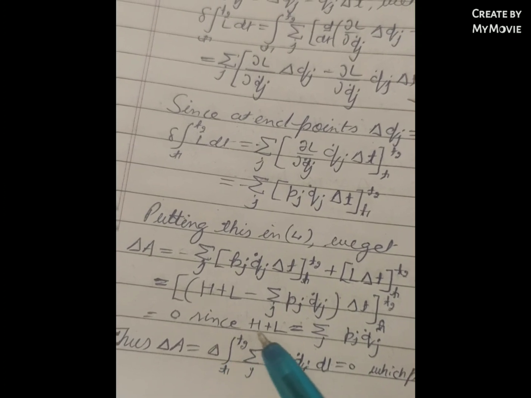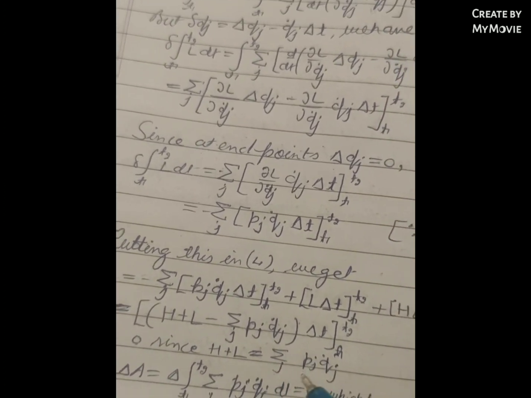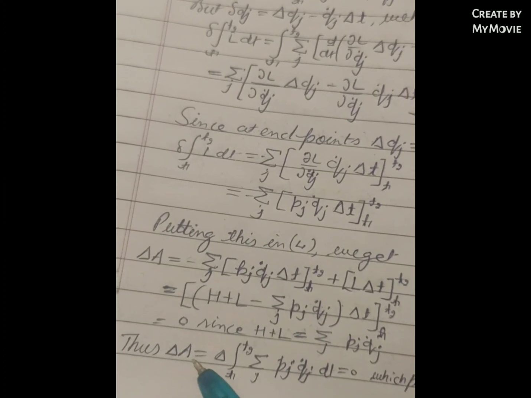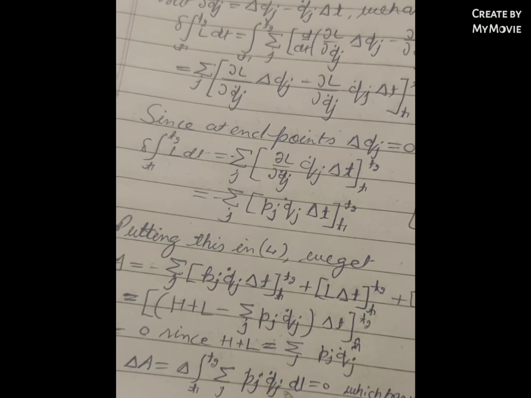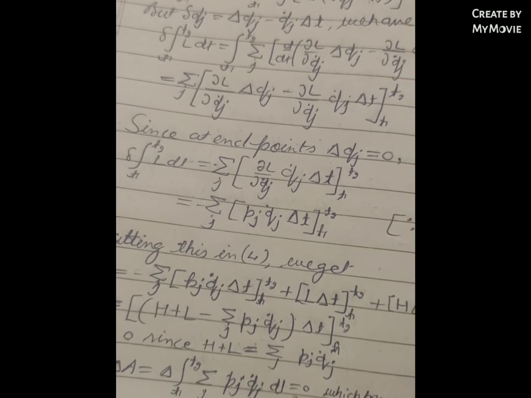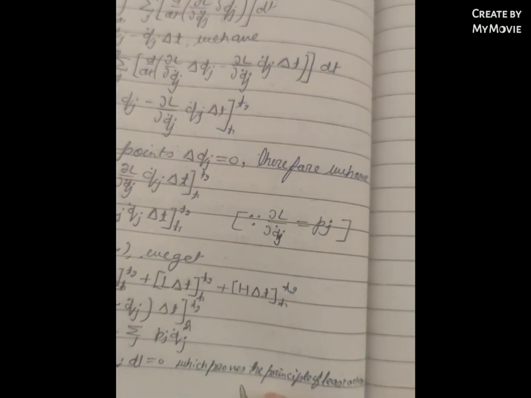Since h plus L is equal to sigma j pj qj dot, thus delta A is equal to delta of the integral from t1 to t2 of sigma j pj qj dot dt, which is equal to 0. This proves the principle of least action.